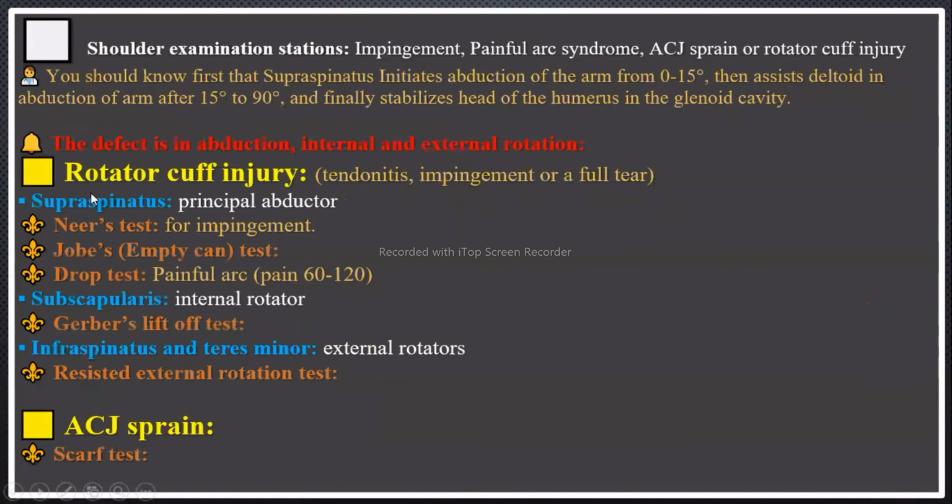Just understand the name of the muscle, the name of the test and how to do the test. We will show you, it will be very easy. And it will help you in prescription. So 3 tests, 1 test, 1 test, 1 test. These are the most common pathologies in the exam, whether SPA or OSCE.